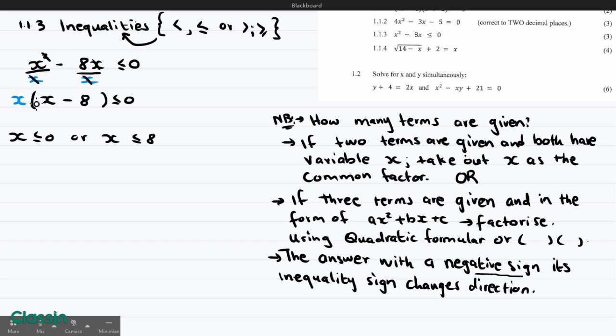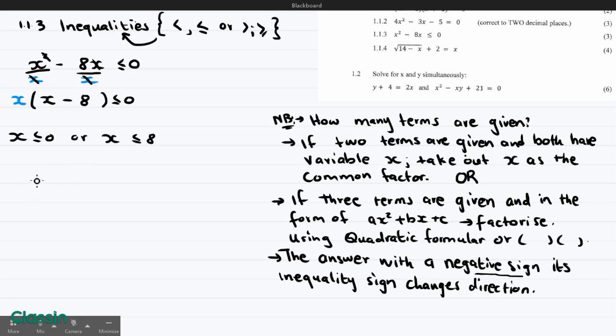If you put 4, it means that 4 minus 8, yeah, minus 4. Minus 4 multiplied by 4 is minus 16. So all numbers less than 8 will give us the solution. So I'm just giving an example of a number that is less than 8. But if we take a number like 9, 9 minus 8 is 1. 1 multiplied by 9 is 9. So 9 is a number greater than 0. In this case, it will not be part of the solution.